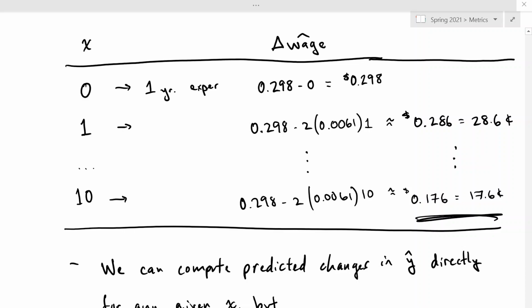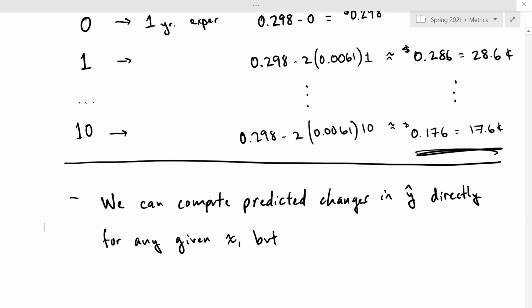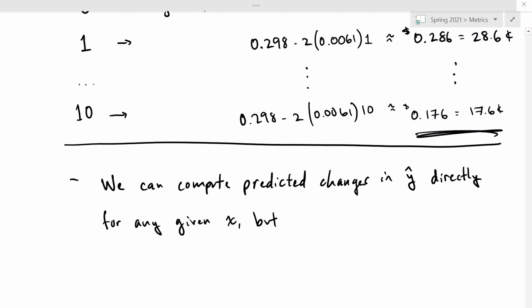So we can also summarize some of the effects by using averages or quartiles.